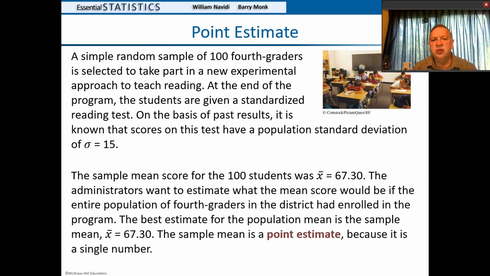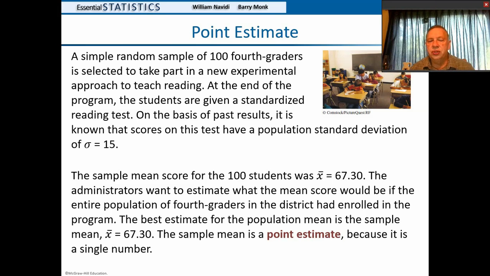So the administrators want to estimate what the mean score would be if the entire population of fourth graders in the district had enrolled in the program. The best estimate for the population mean is the sample mean, that X bar equal to 67.30. That sample mean we're going to call the point estimate because it is a single number.